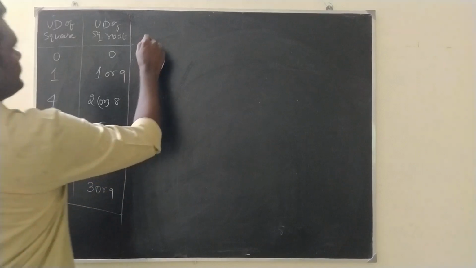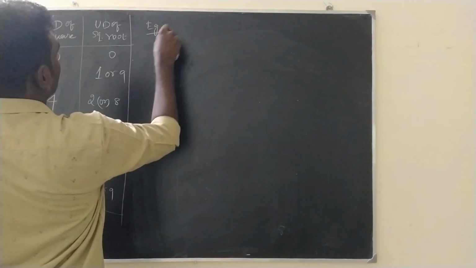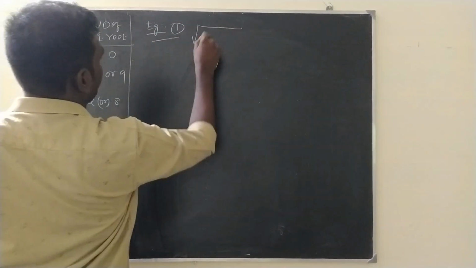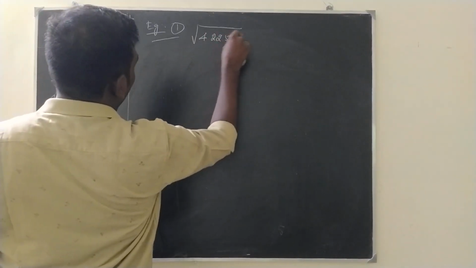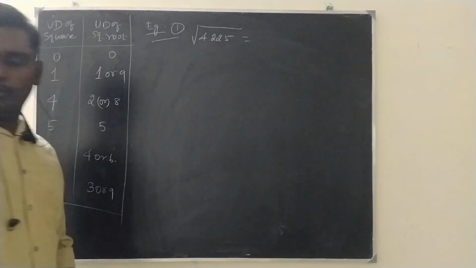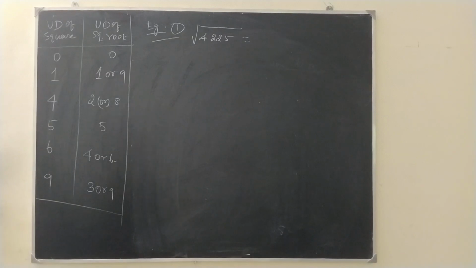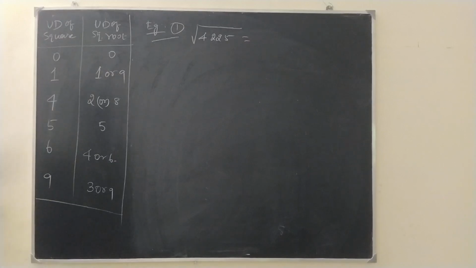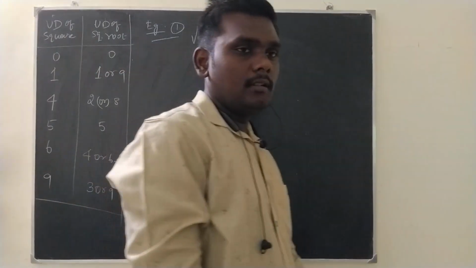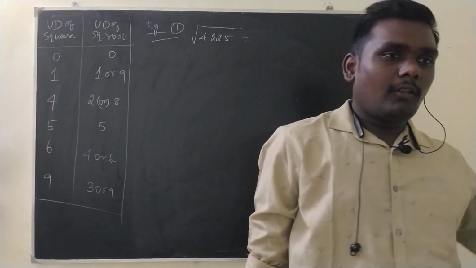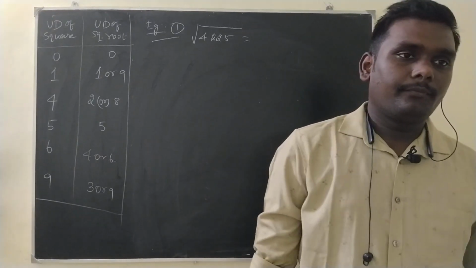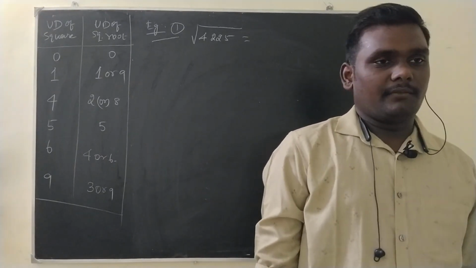Square root of 4225. How can we find the square root? There are several methods. If it is a perfect square, we can easily find the square root of the number by prime factorization.